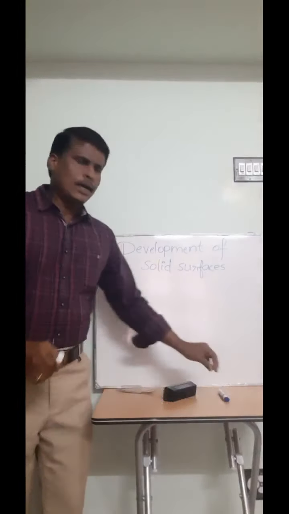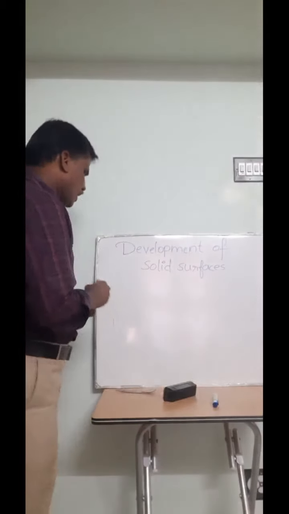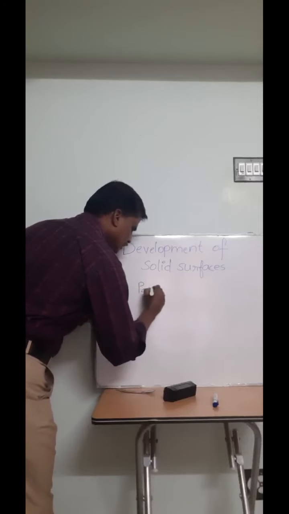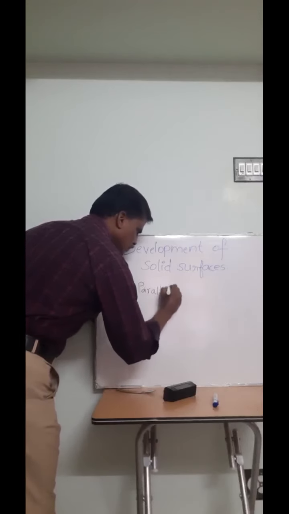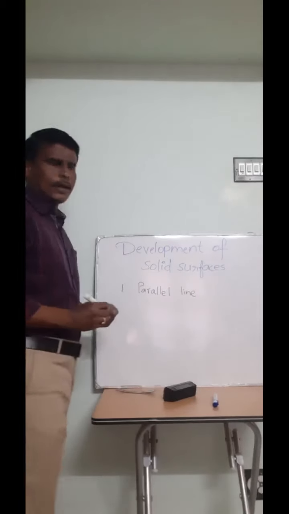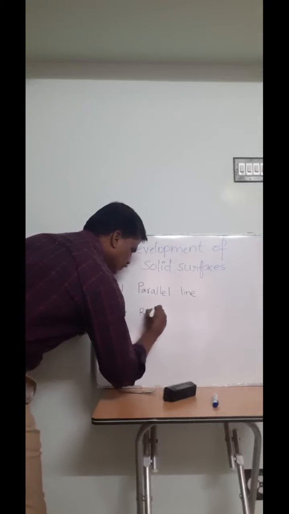To solve the development of solid surface problem, there are two methods. One is called the parallel line method. Second one, the radial arc method.